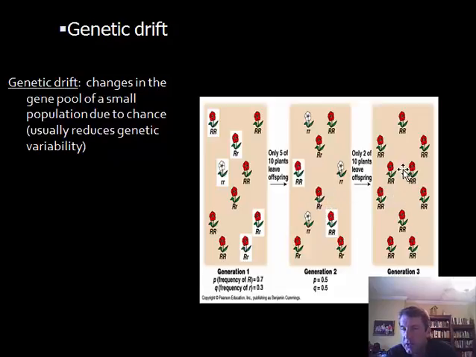But by the third generation, just due to pure chance, they're completely gone. All 10 of these plants have lost that recessive allele. This is definitely an example of microevolution, and we have lost that allele, so it no longer exists in this population. That is a change in the frequency.